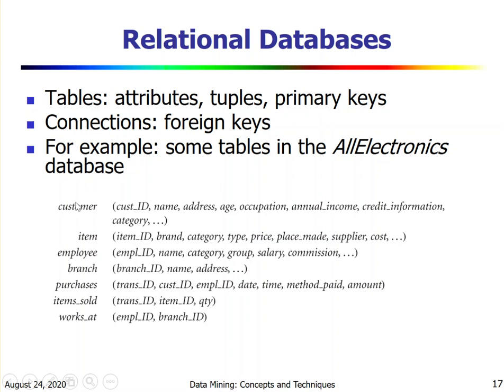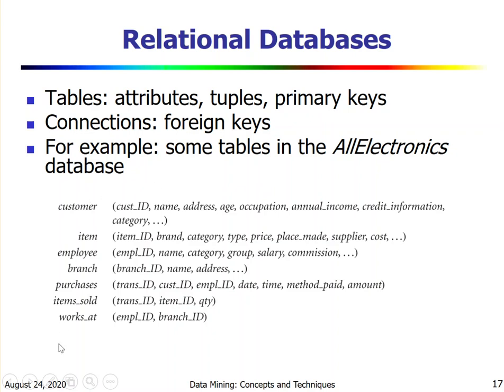Tuples are the individual rows inside a table. So here a customer is a tuple, the second customer is a second tuple. Primary keys are those IDs. Customer ID alone can precisely identify which customer that is. So this is a unique identifier that can identify any entry, or any tuple, in a table.